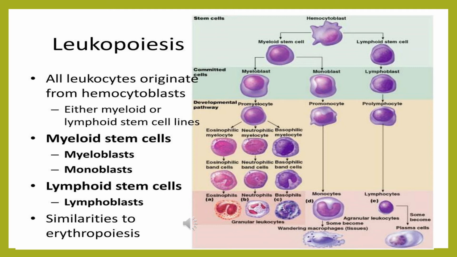And the last one, the lymphoid stem cell, undergoes division and differentiation into the lymphoblast, which further develops into the prolymphocytes, and finally the prolymphocytes develop into the lymphocyte. Now here that lymphocyte further develops into the plasma cells. Some become plasma cells and some get differentiated into the other form, which we'll see in the next slide.